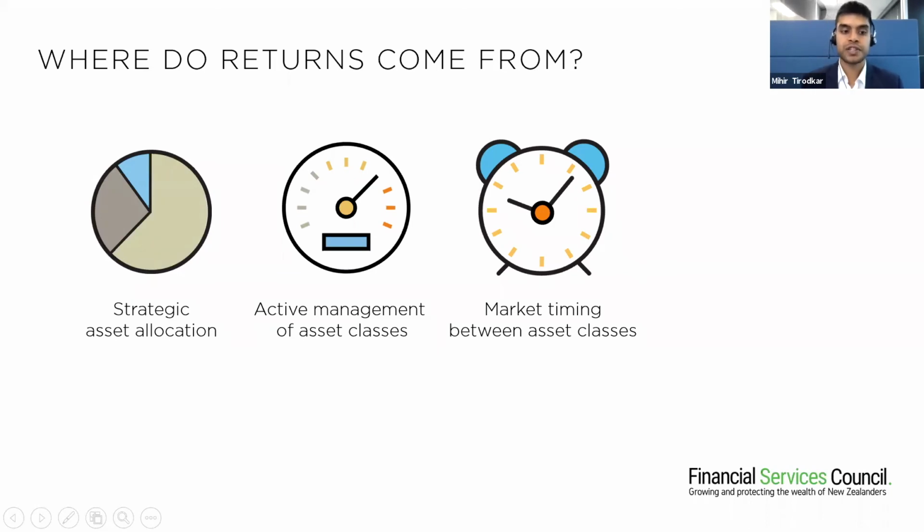The reason a strategic asset allocation drives returns is that the difference in risk and return profiles of the different asset classes is much greater than the difference within these asset classes. What this means is if you were to look at a couple of stocks within global equities and look at the difference between the risk and expected return profile, it can be pretty big.